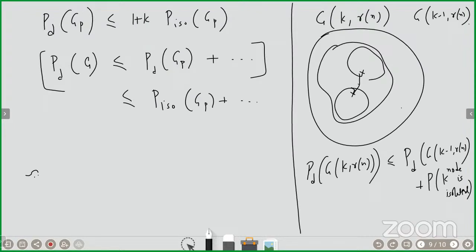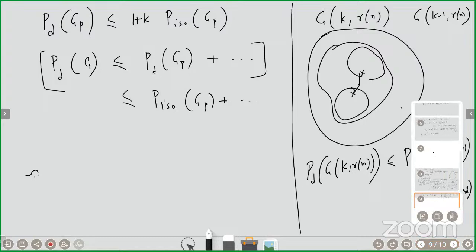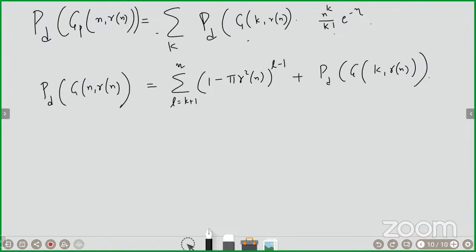I'm not going all the way down. That's what this relation gives, from k plus 1 to n, the rest of them. This is fine. This is also fine from the previous recursion.